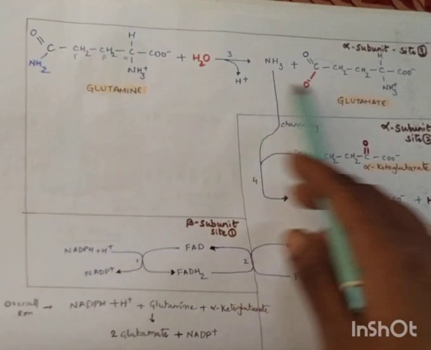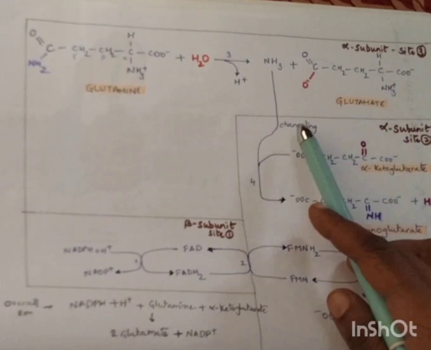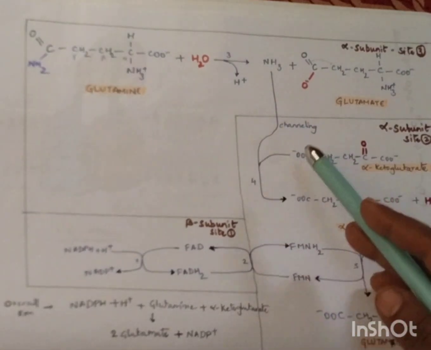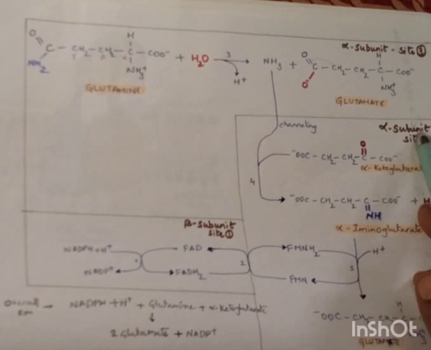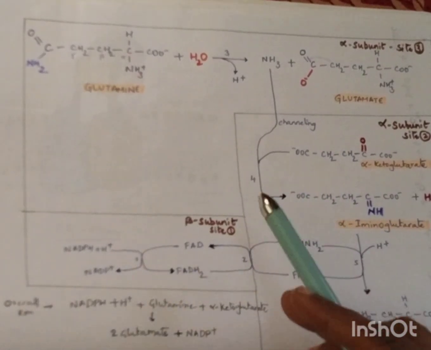Glutamine is hydrolyzed to glutamate and ammonia. This ammonia is transferred to site 2 alpha subunit through a channel of 31 angstroms.